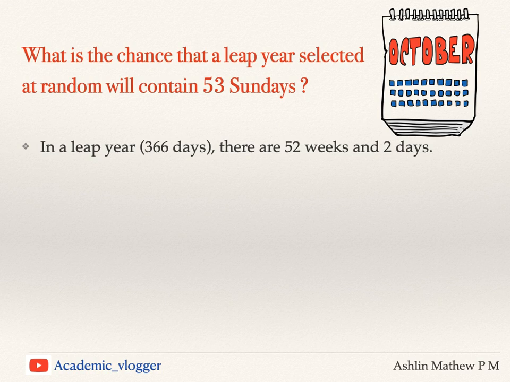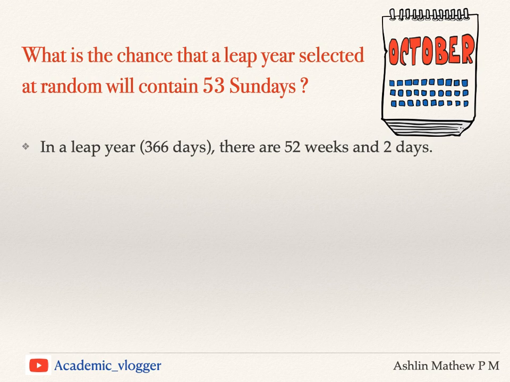So in 366 days, or in a leap year, there are for sure 52 Sundays. Since 52 Sundays are sure, we need not be bothered about that. There are 2 days left. Those 2 days can have Sundays in them, isn't it?